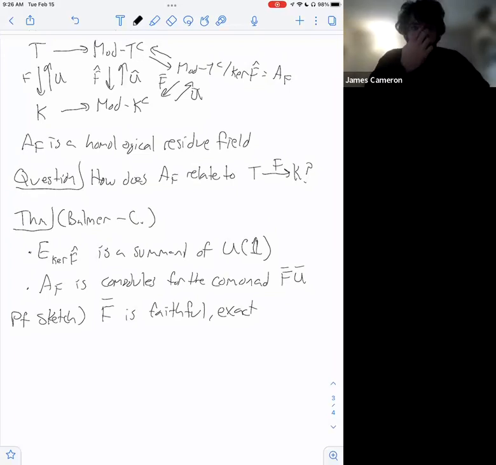You have to study these residue fields a little bit, but you get a splitting down here in the residue field.